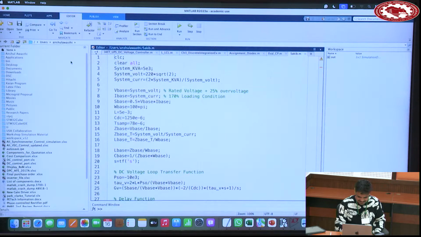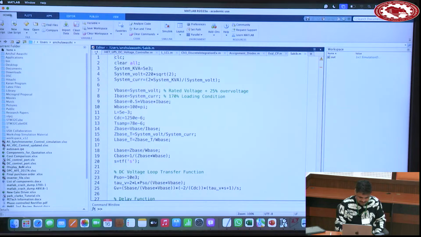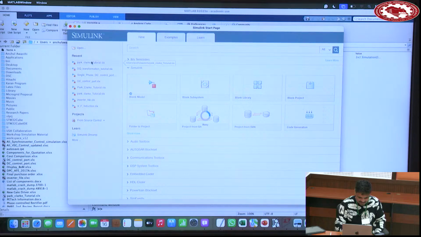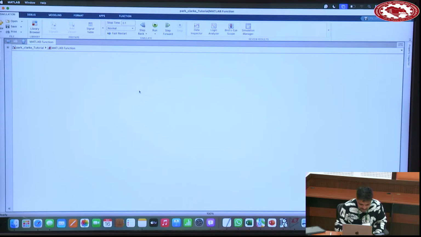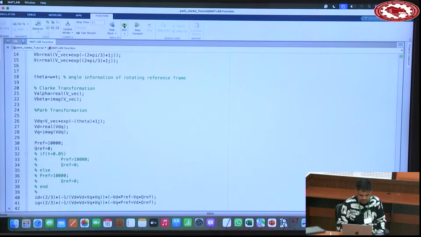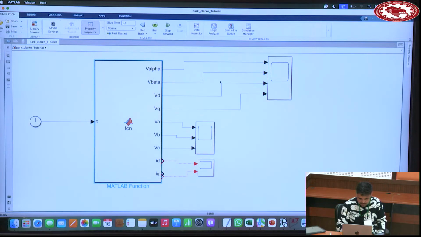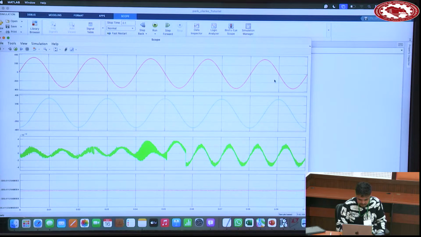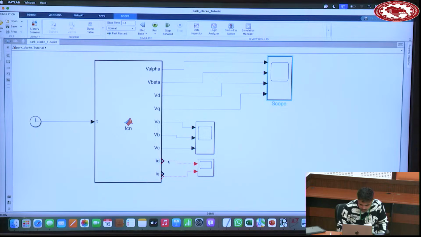Yes, I will have to do it again. I've changed. Okay, I'm running. But this is voltage. I need to connect it.